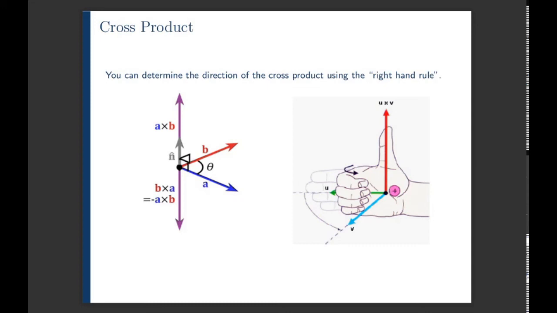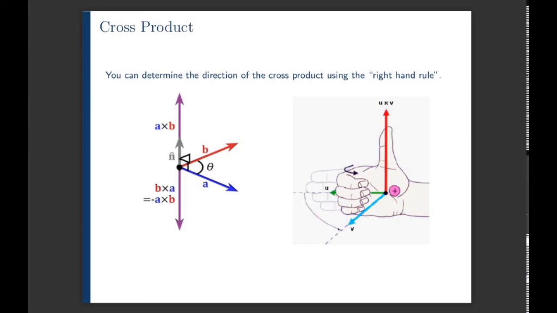So there's something called the right-hand rule, which can help you work this stuff out. And you'll be sitting there playing with your right hand, trying to work out which way your object should be moving through your Unity scene. So if we take two vectors, u and v, think about u basically running along your arm, and v is coming at right angles out of your palm.